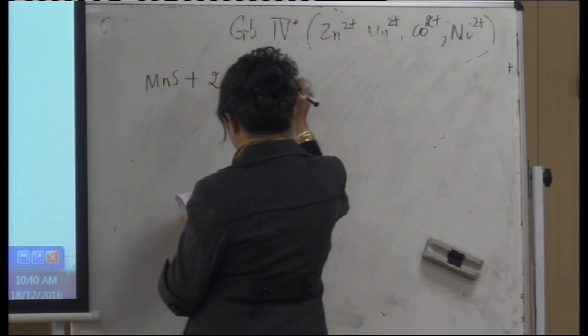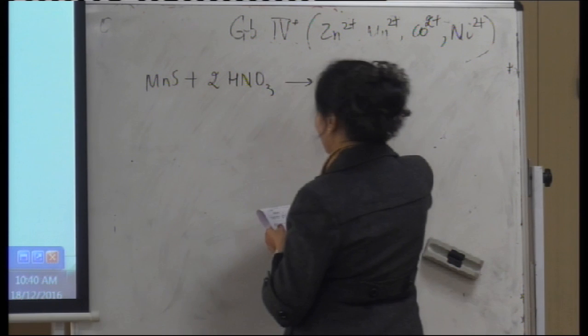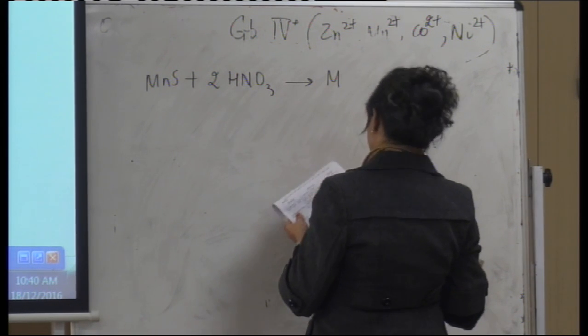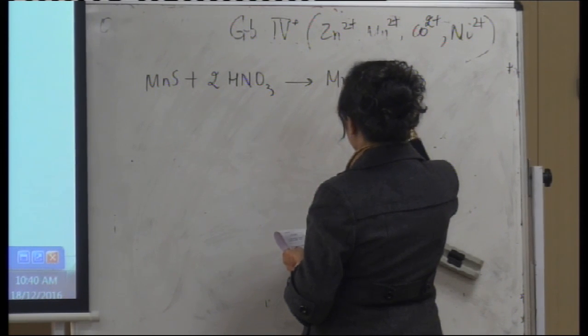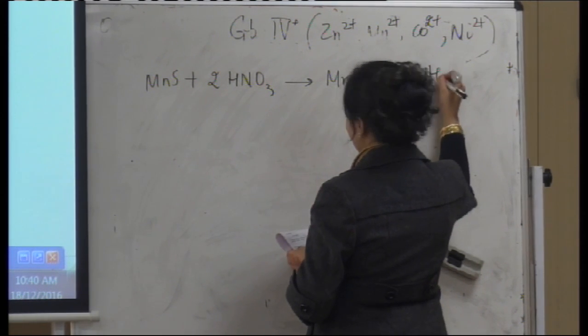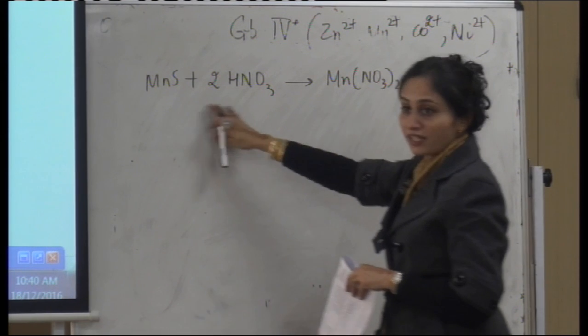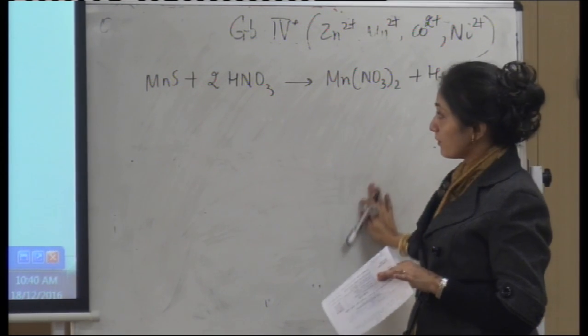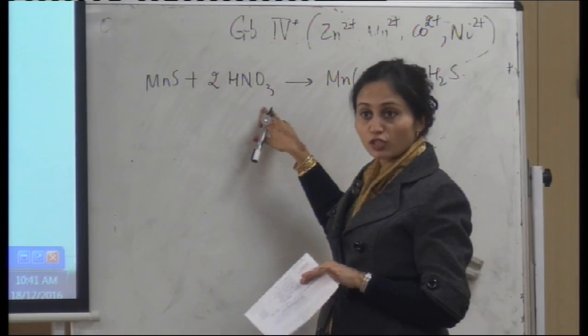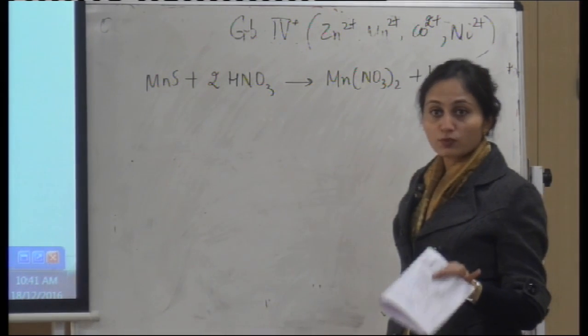This implies that it is soluble in nitric acid. The sulfide is soluble in nitric acid, so it forms Mn(NO3)2 plus H2S. So manganese sulfide reacts with nitric acid to form the nitrate. We've generally seen that the majority of sulfides are soluble in nitric acid except one, that was the Hg case.